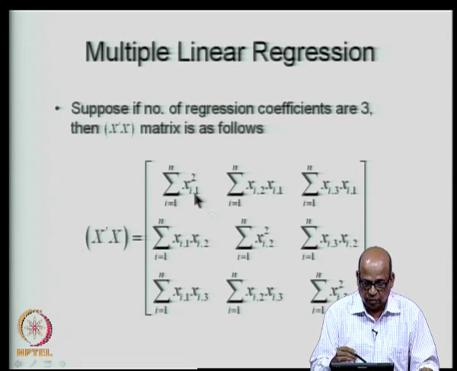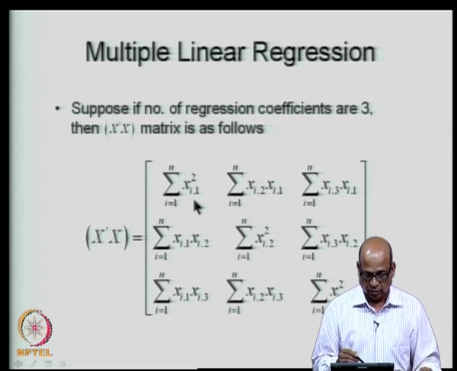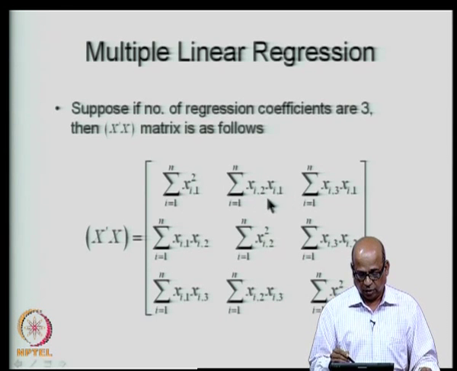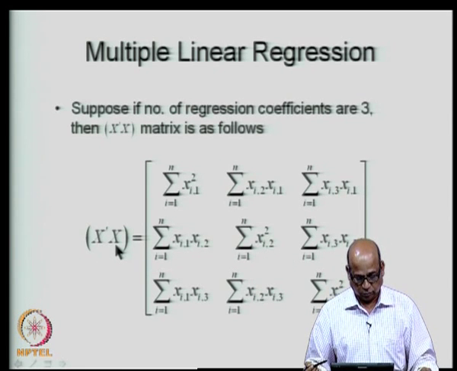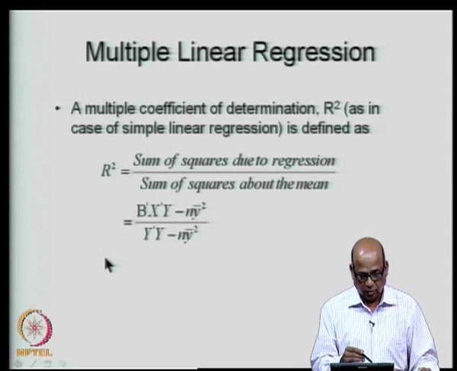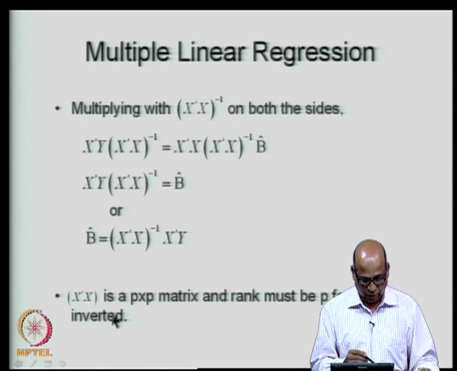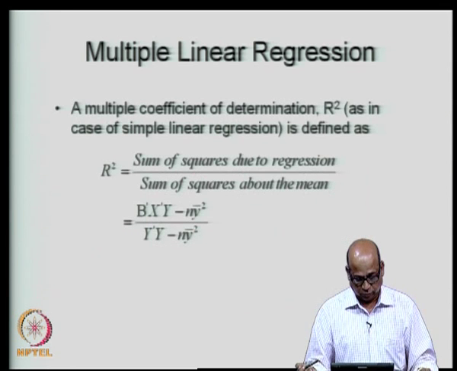We write it as the summation over I of x I square. When you multiply this, you will get x I 1 square and then x I 2, x I 1, etcetera. So, these are the terms that you get for x dash x. Once you get the x dash x matrix, you can obtain your beta, which is given by x dash x inverse x dash y.